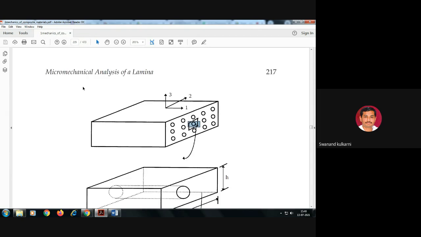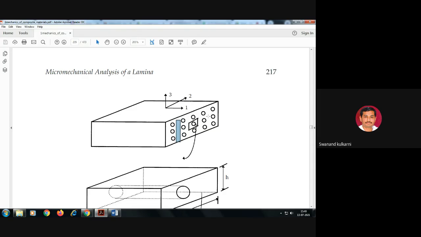We consider the total composite material as a composite material plate. The small parts shown here are the reinforcement. Is it okay? The remaining body part present in between these is considered to be the matrix. Is it okay?